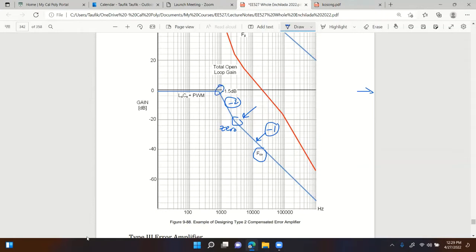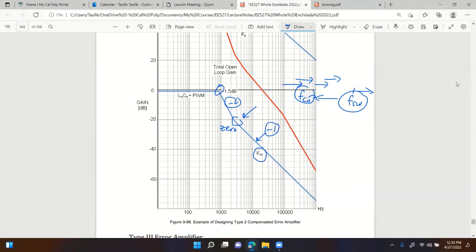Then it will be hard to choose the crossover frequency, because as you increase the crossover frequency to be closer to this far away ESR zero, the crossover frequency is becoming closer and closer to the switching frequency, and that's not good. You want the crossover frequency to have a good distance from the switching frequency. Is that clear?